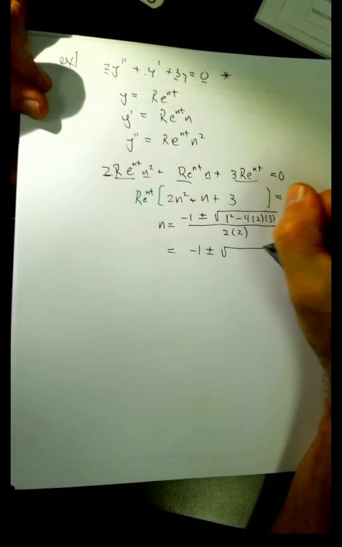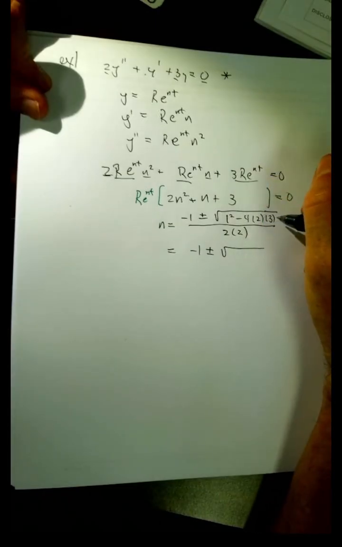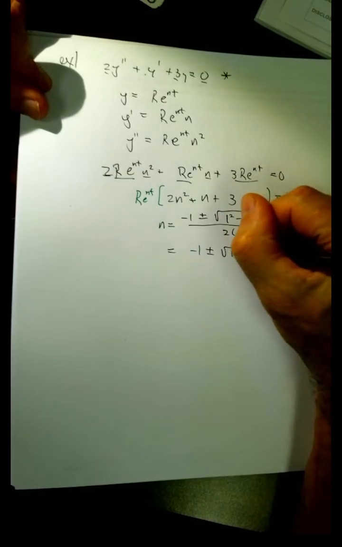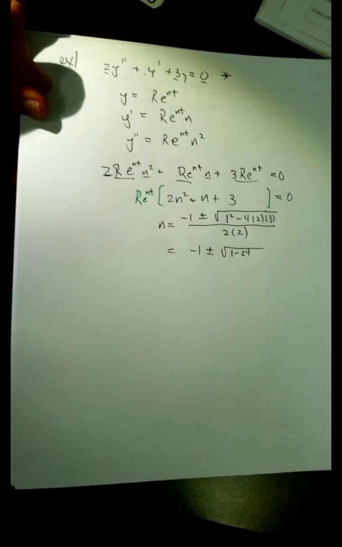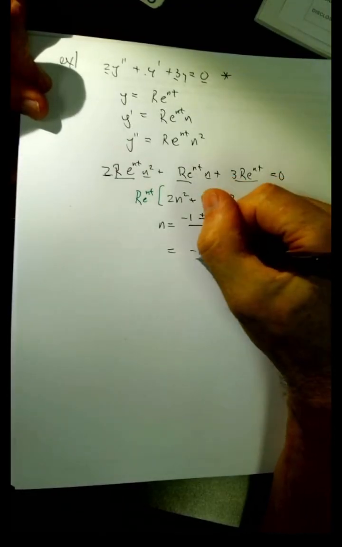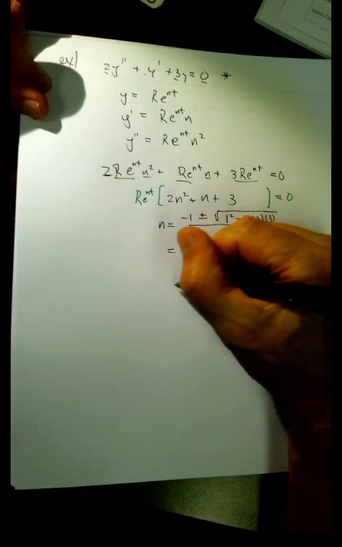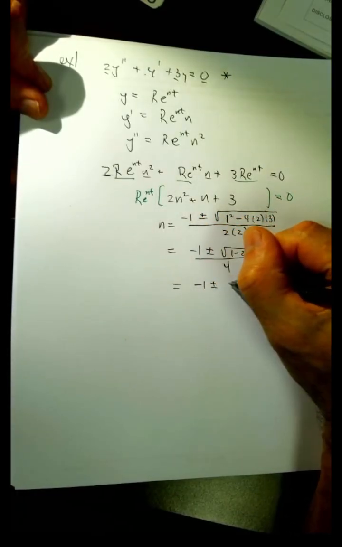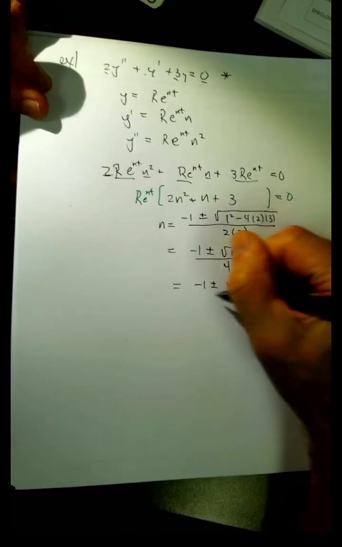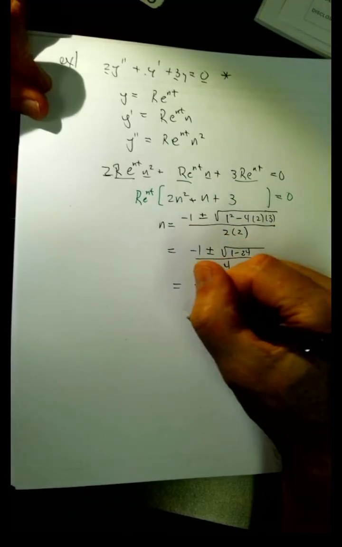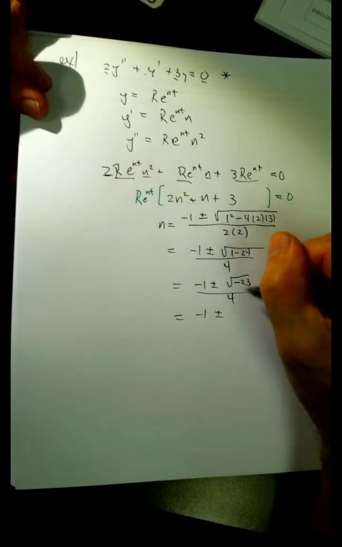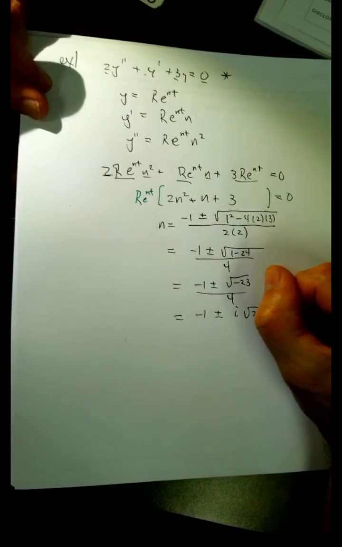And I clean this up. So 4 times 2 is 8, times 3 is 24. So I get the square root of 1 minus 24. In the denominator I have 2 times 2. So I get minus 23 under the square root. And I can factor out that minus 1, which gives me an i.